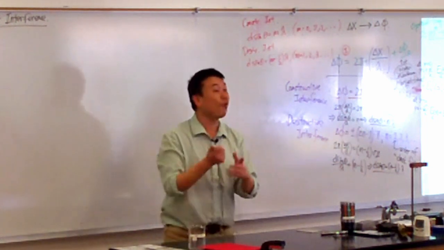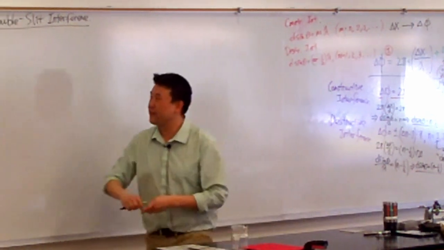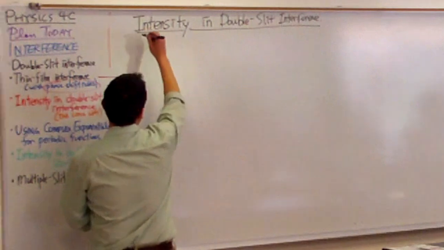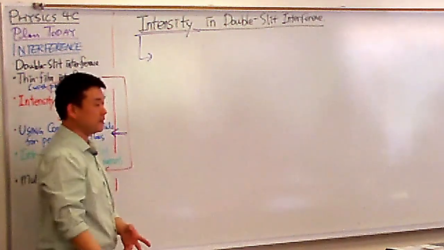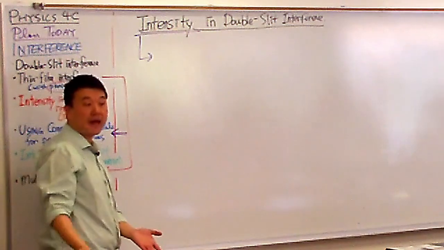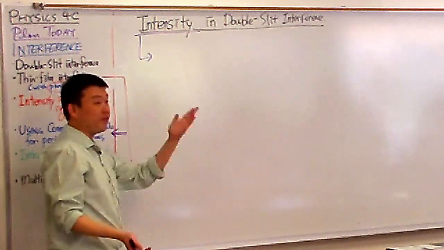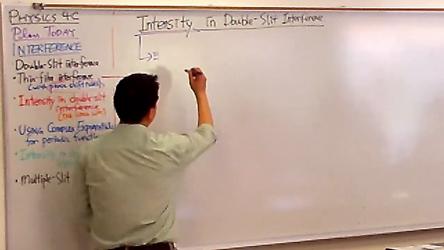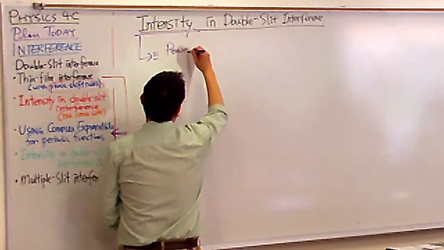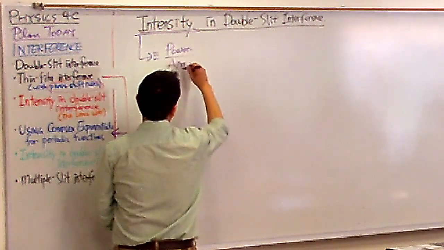So let me define the word intensity, because it's very possible that we haven't defined it. So intensity in physics, you can talk about intensity of light. You can actually talk about intensity of other things as well. Intensity is defined as this: power per area.